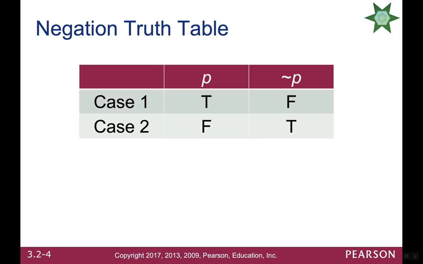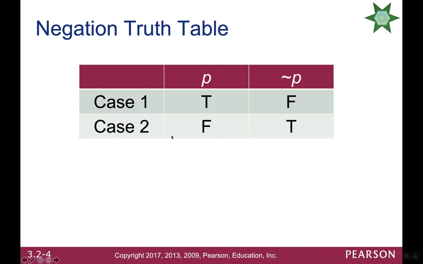So, the negation truth table. If I have a statement that is true, say all dogs are brown, then the case is true. If P is true, well, let me show you. Case 1, it is true, then the negation is false.